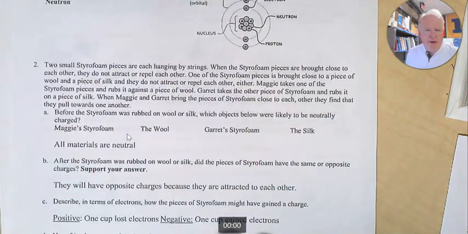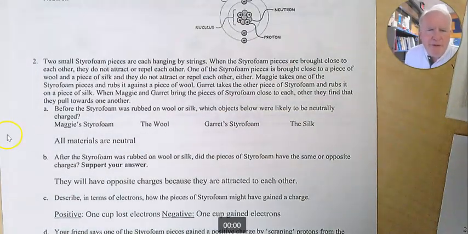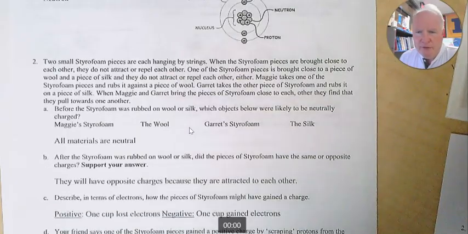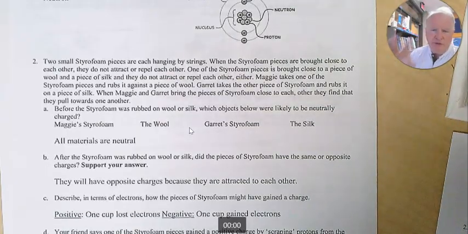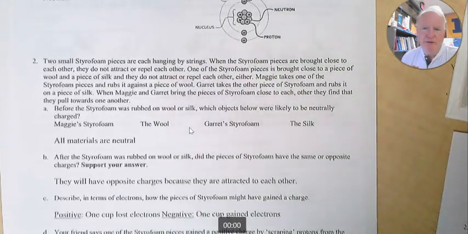Okay, so the second part talks about a little experiment that 2 people are doing, and the first question is, what kind of charge should everything be? The one thing that we didn't do on Friday was use silk. Silk has the ability, instead of to give electrons like the fur was giving electrons, we saw that kind of sparking out, and we could hear it going onto the PVC, and so then there were electrons on the PVC.